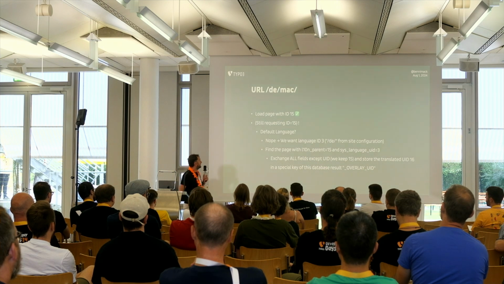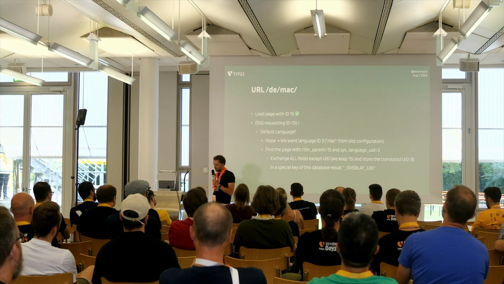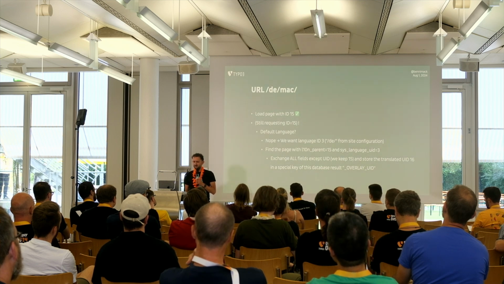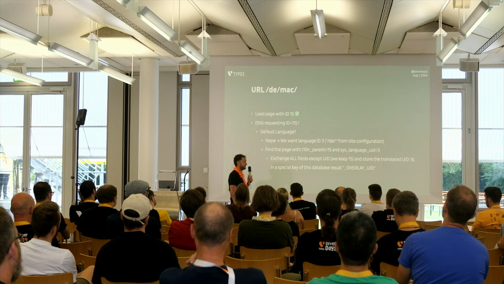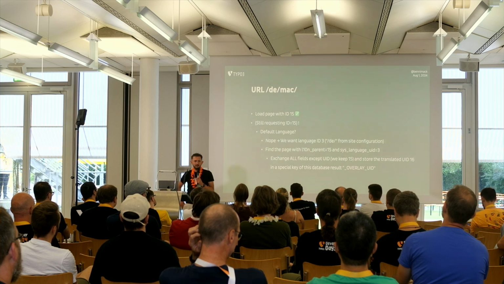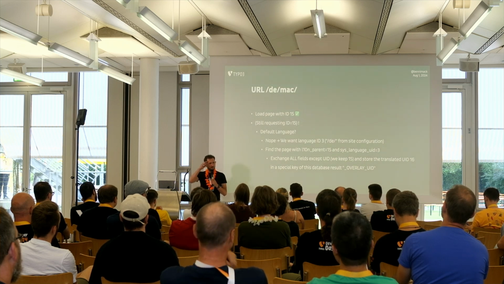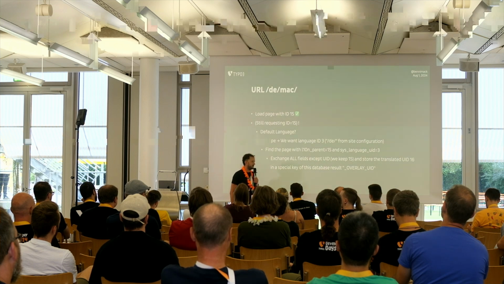But then you have /DE/Mac. And so there's one thing that happens. It actually also detects that we're on page 15. But because there's the /DE, our context API remembers, hey, we're on language German, 3.